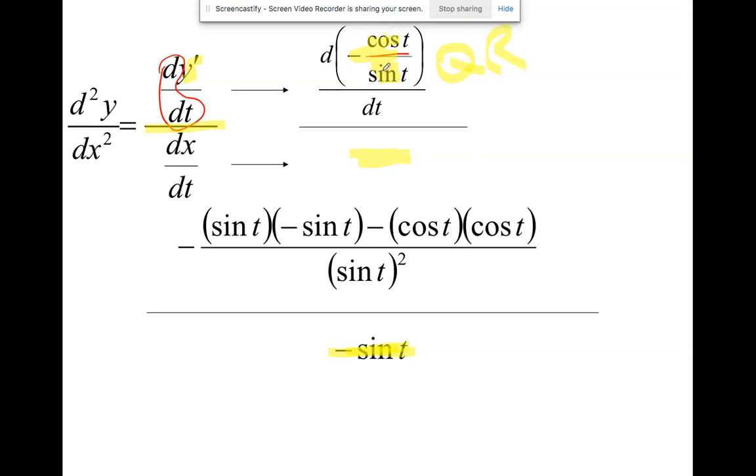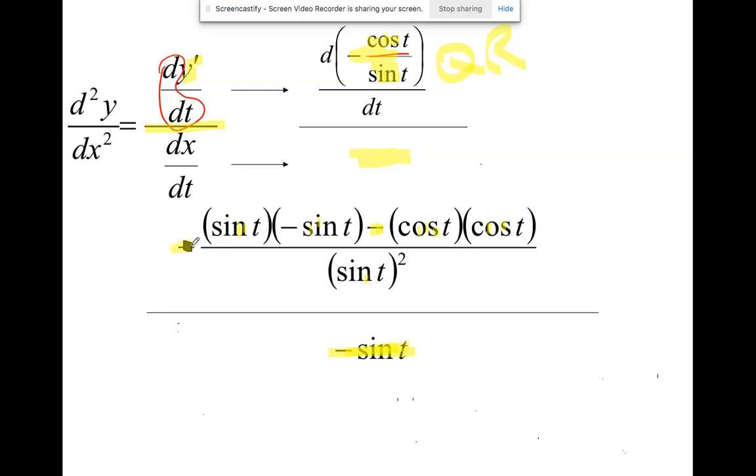right? Ho d hi, hi d ho minus ho d hi. The bottom times the derivative of the top minus the top times the derivative of the bottom, all over the bottom squared. Hey, that's negative sine t squared. That's negative cosine squared t.